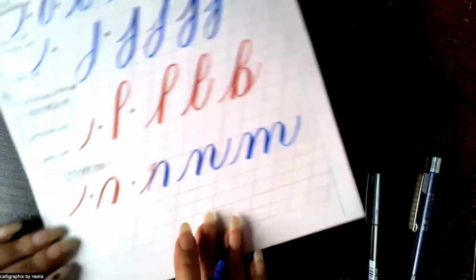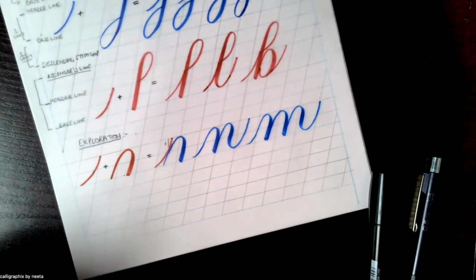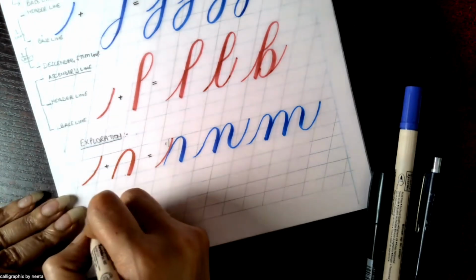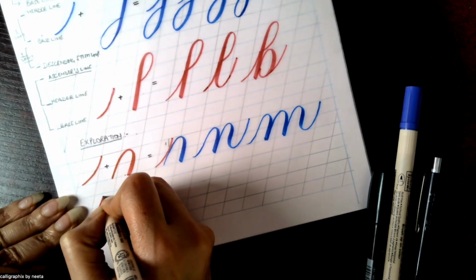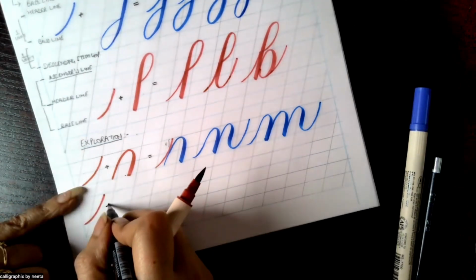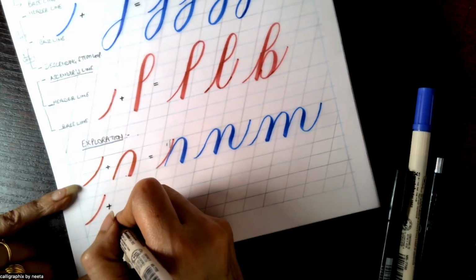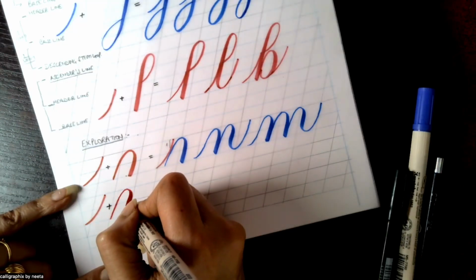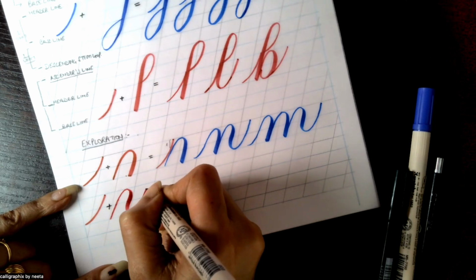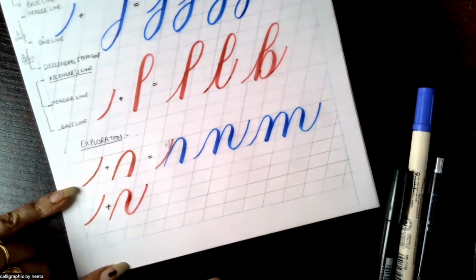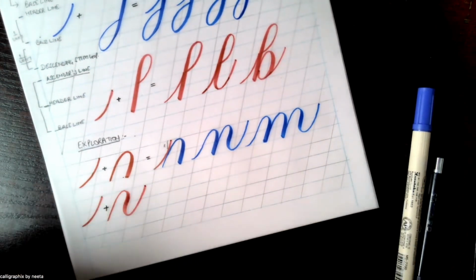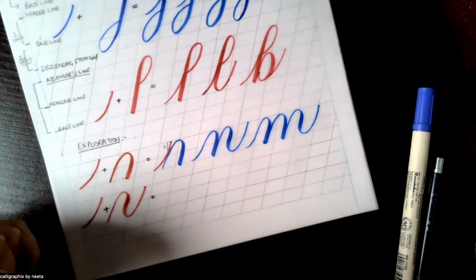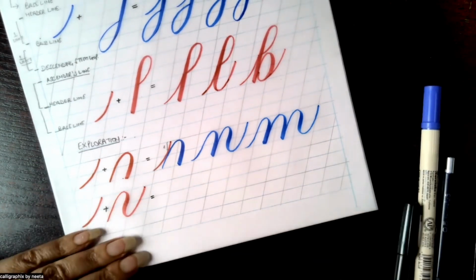All right. So next comes compound curve. Entry stroke plus compound curve. So if we are using this combination, what will it produce?